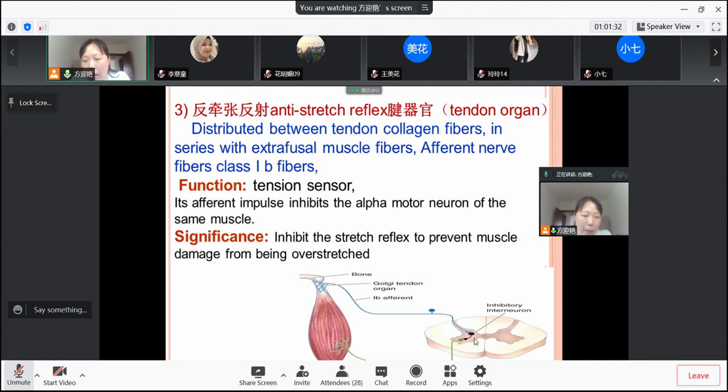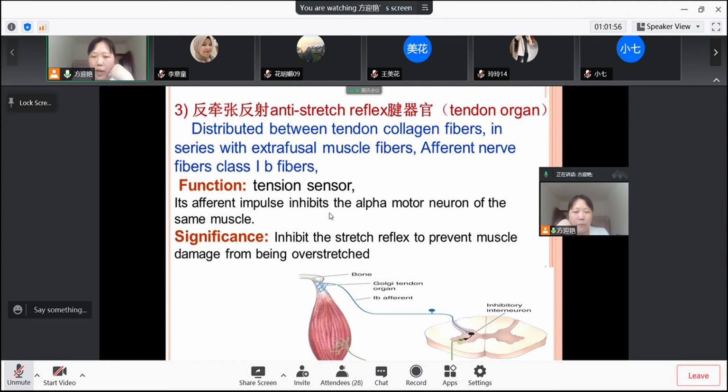In the spinal cord there is an interneuron, and there is also the alpha motor neuron. This interneuron then leads to muscle relaxation.